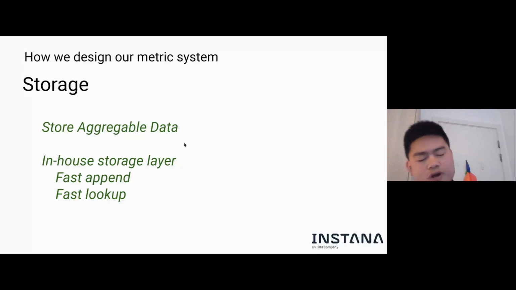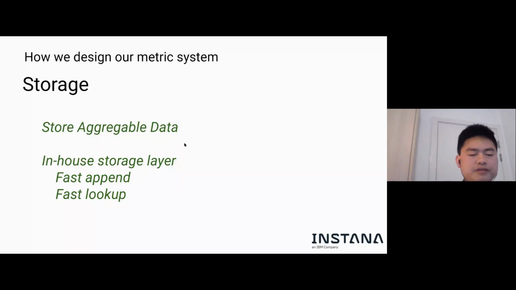Because we want to store our own format, we have to come up with our own storage layer. So we tried different ways to store it, but we ended up implementing our own storage layer, which allows us to do fast append and fast lookup. But importantly, it's tailor-made for the aggregable data structure, right? Because that is a data structure that allows us to do more sophisticated queries, right? So we also customized the storage part.